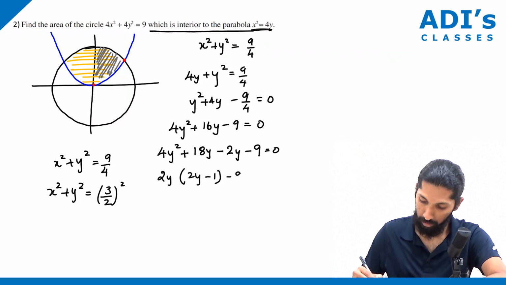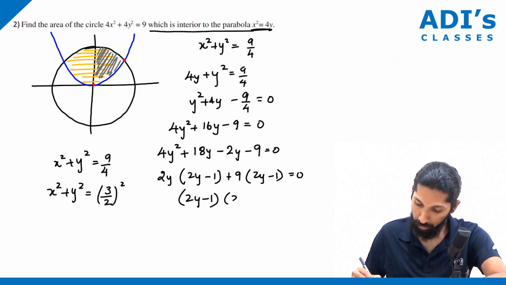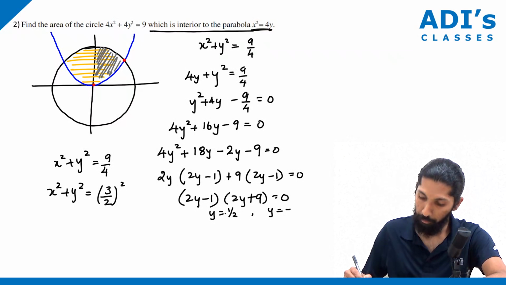Next minus 9 into 2y minus 1. Sorry, take plus 9 common. Plus 9 into 2y minus 1. So 2y minus 1 into 2y plus 9 is equal to 0. So what do you get? Y value is half, or y value is minus 9 by 2.